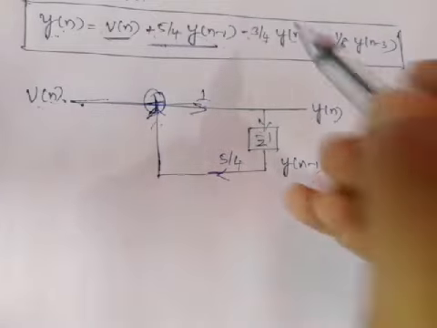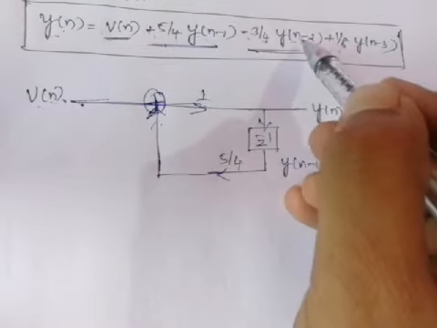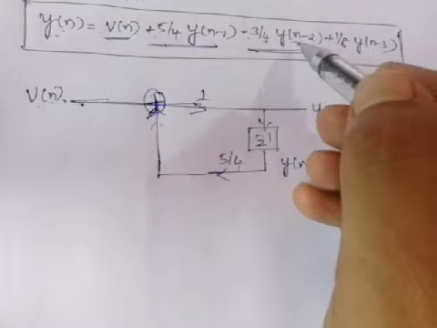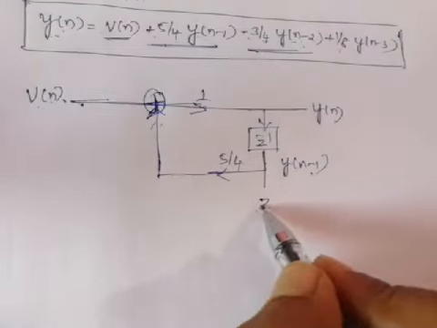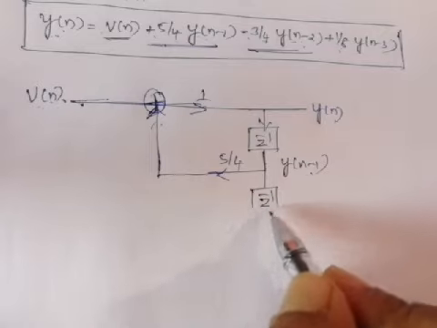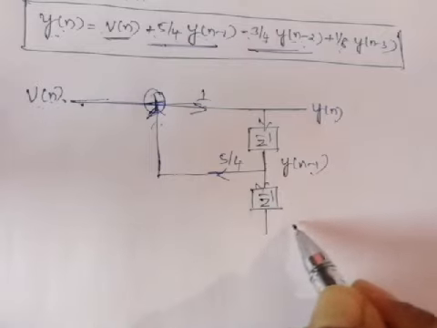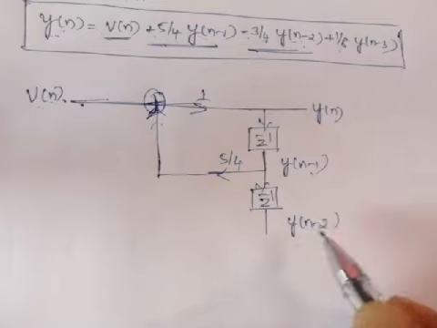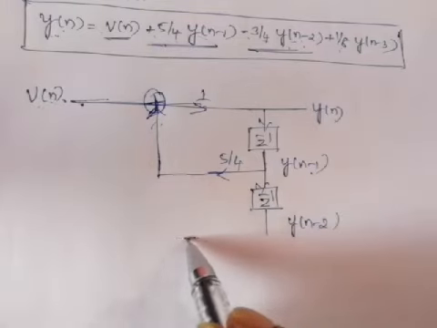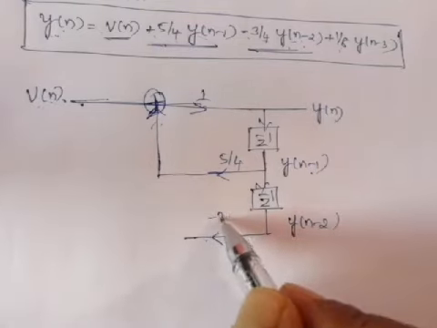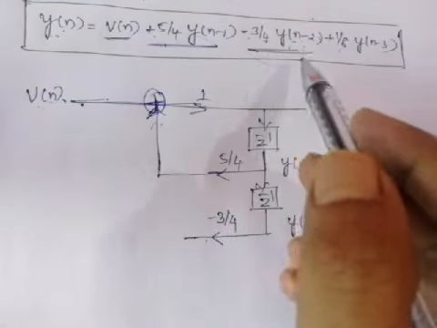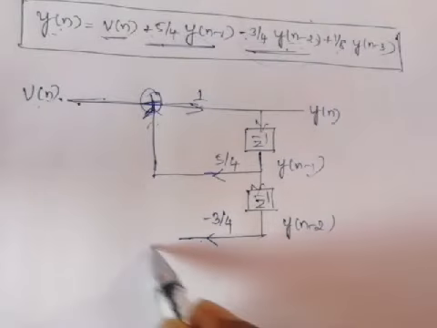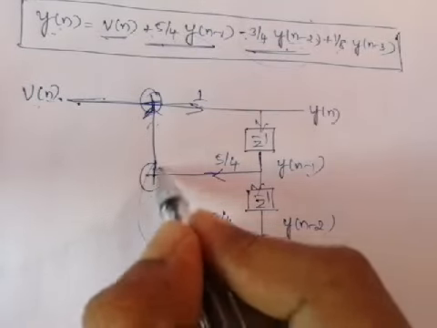Next, go for the third term. y of n is delayed by 1 time, twice. One time delay is there, and perform one more time delay, that is z to the power minus 1. So in this stage what are we getting? y of n minus 2. Coefficient term is what? Minus 3 by 4. After performing this operation, it is added to the previous operation.